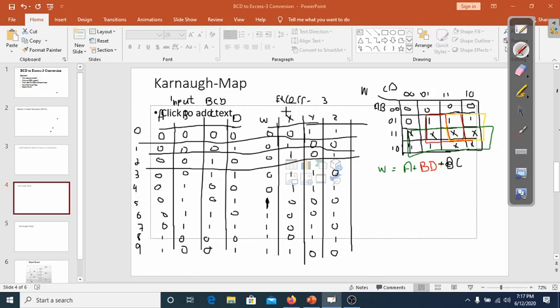Next, for X, let me draw another box. To simplify the output X, this is CD and this is AB.